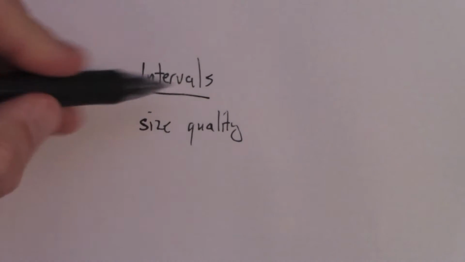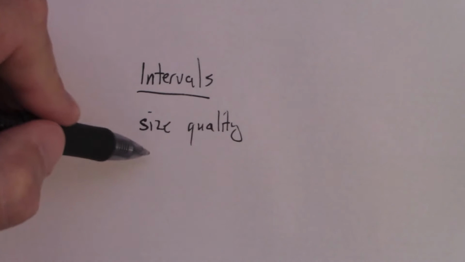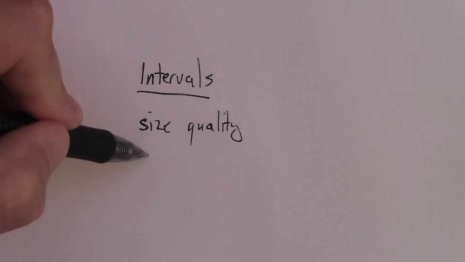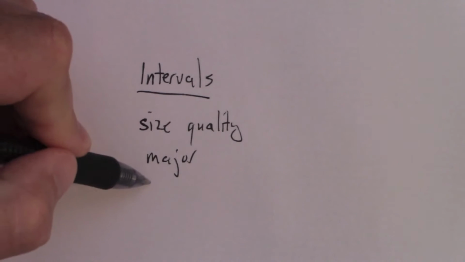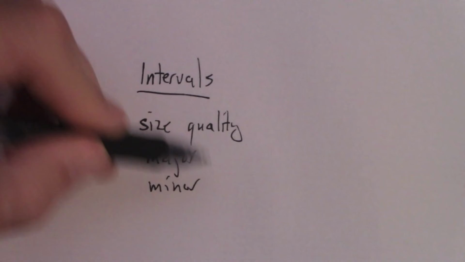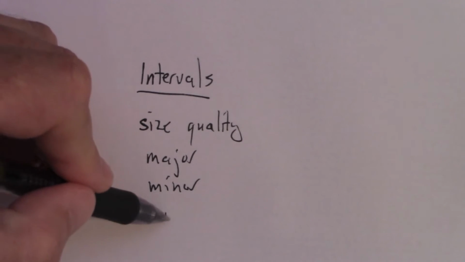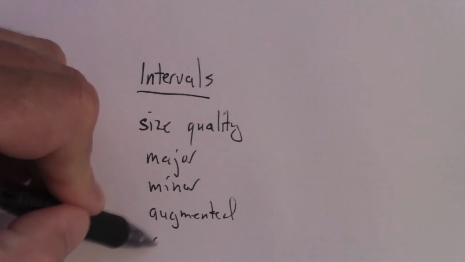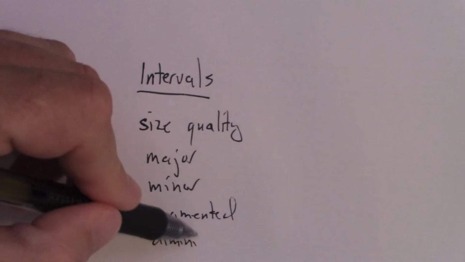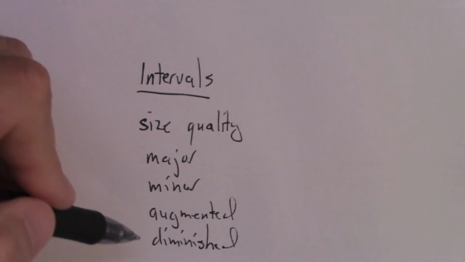And an interval can be one of four basic qualities. There are others, but these are the ones we're going to worry about. It could be a major interval, or a minor interval, or an augmented interval, or a diminished interval.